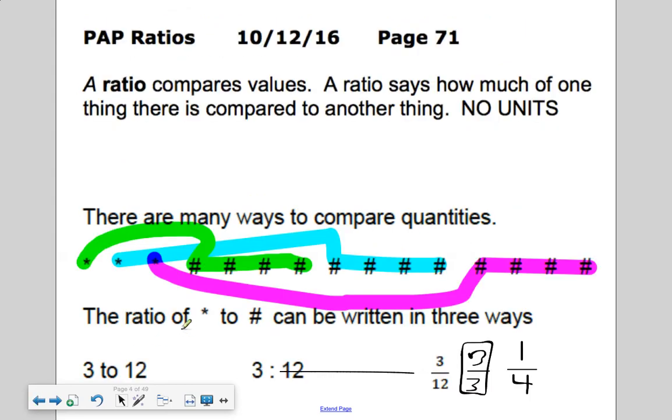So that is part to part. If I wanted to do a part to whole, I could have said there are 3 asterisks for a total of a whole of 12 plus 3 is 15. And that would be the part to whole.